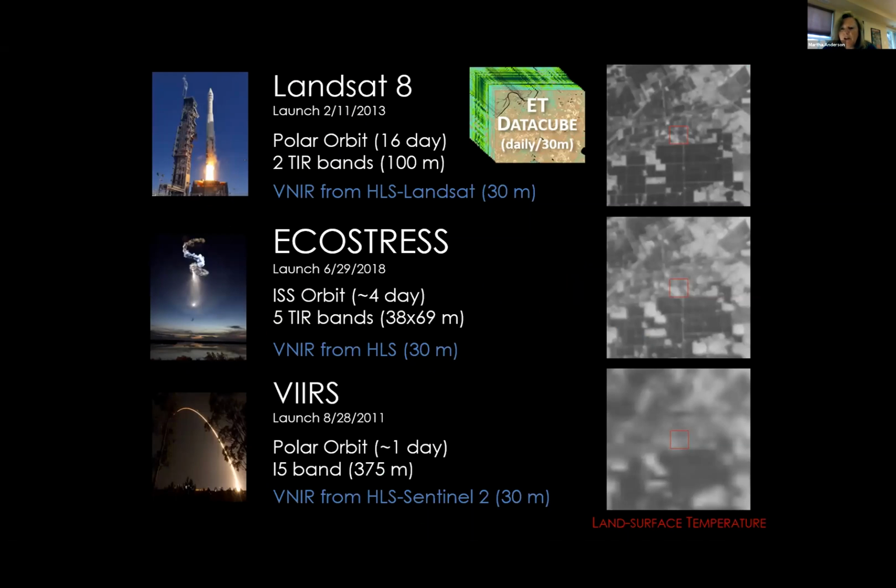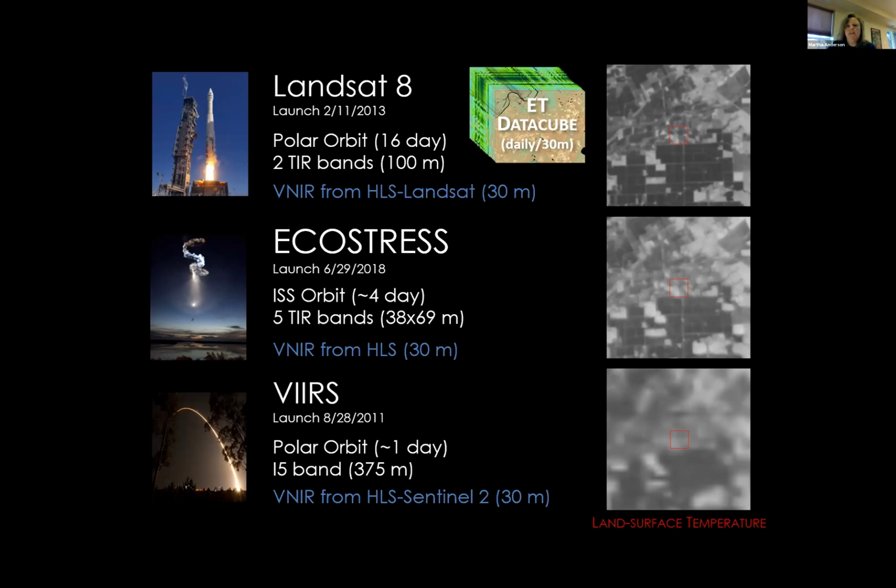As Kyle and others have mentioned, the methods that we're using for mapping ET are based on principles of surface energy balance. So the primary remote sensing input are maps of land surface temperature that we retrieve from thermal infrared imaging. But critically, we also need visible near infrared surface reflectance data to define the land surface albedo, the vegetation cover fraction, and leaf area index, which are also very important in the energy balance partitioning.